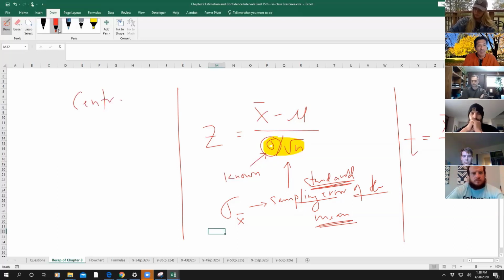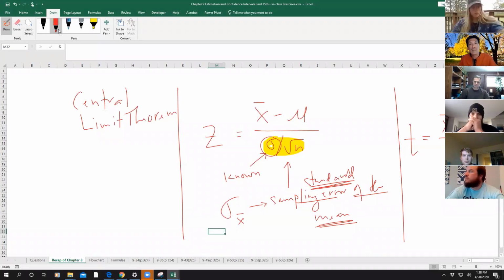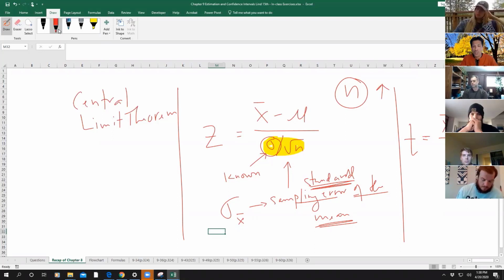A couple of important bullet points that we talked about was that regardless of the original distribution where a sample is drawn from, as the sample size increases, from 2 to 3 to 4 and so on, the distribution of x bar will become more bell-shaped.